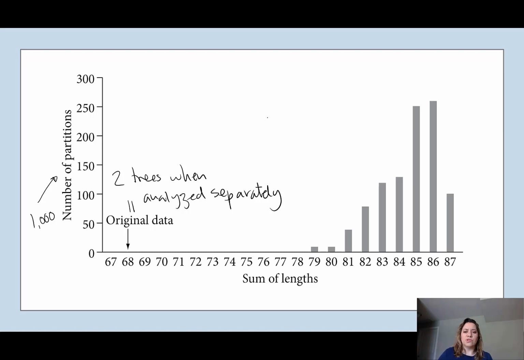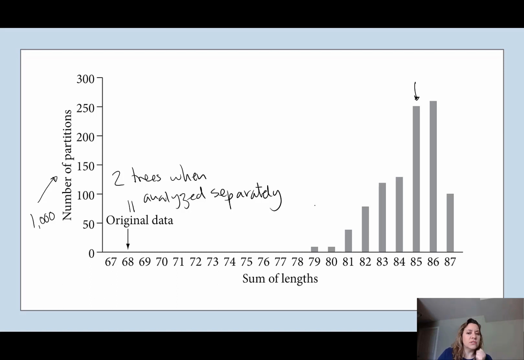What this graph is showing you is that for the 1,000 random partitions that were created, we have trees that range anywhere between 79 and 87 steps long. The first tree example I pointed out was 85 steps long, but we also found some that were 79 steps long.